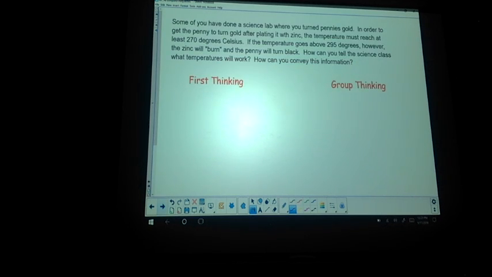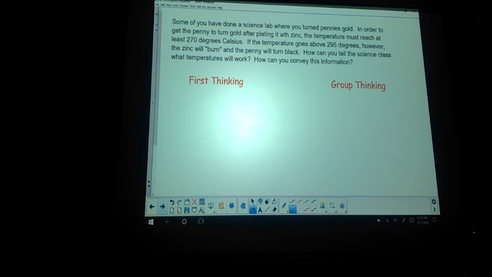All right, so first thinking, group thinking. All right, let's see what this says. Some of you have done a science lab where you turn pennies gold. I think it's called electrolysis. You put a gold ion in your solution and you conduct an electrical current across your penny, and the ions of gold adhere to it, so it appears that it's gold.